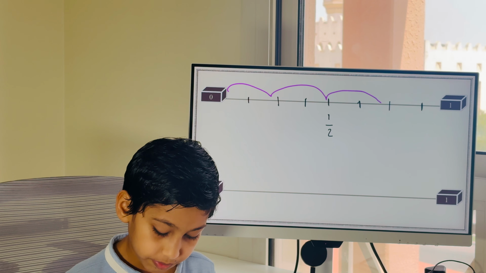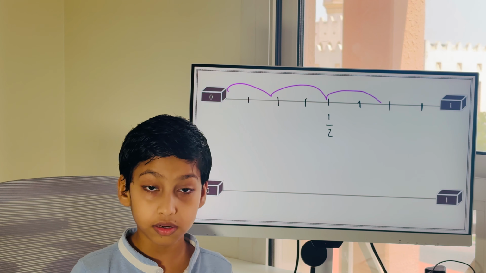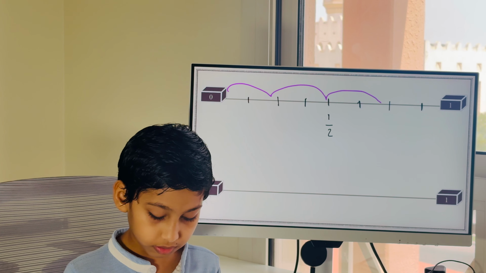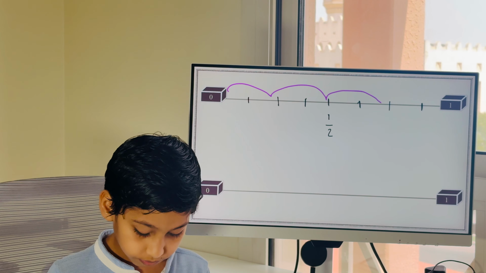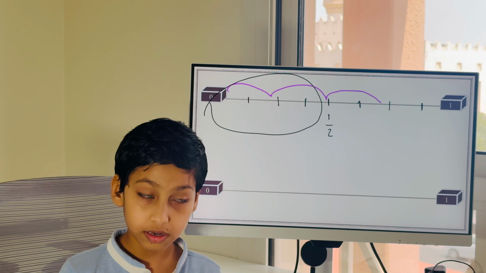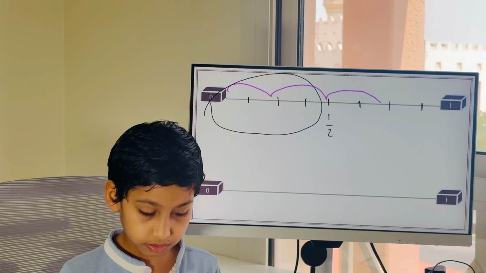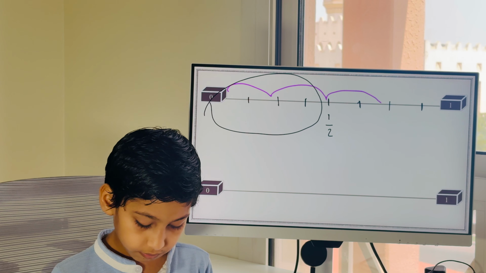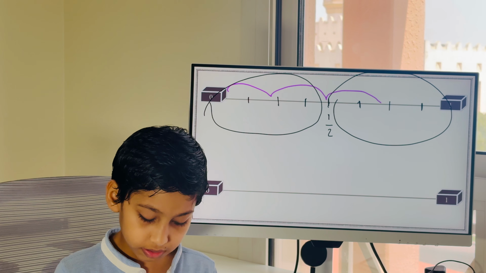That means you have to divide the full number line into 8 equal sections. We need this part to have 4 sections, right? And as for fractions we need equal sections, that's the reason we had to add 4 parts into this section as well.